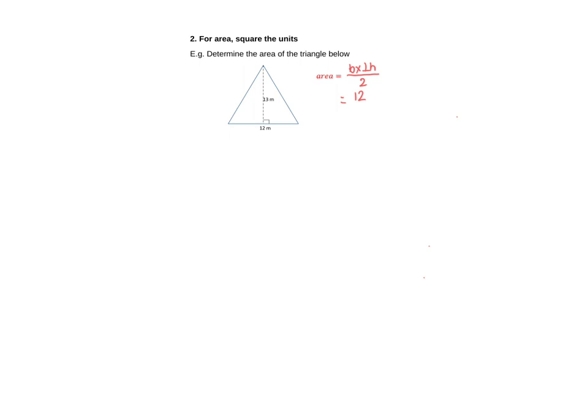So times 13, and that answer we have to divide by 2. So 156 divided by 2 gives you 78 square meters. Meters squared. That is then our answer, or the result. That is how much space it covers, this whole shape.